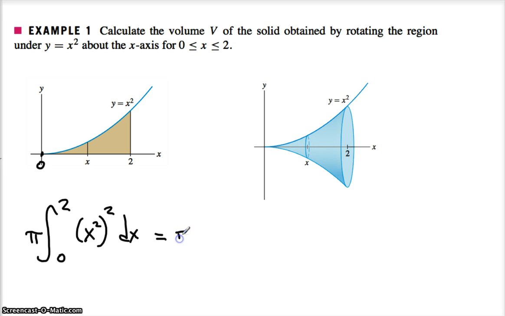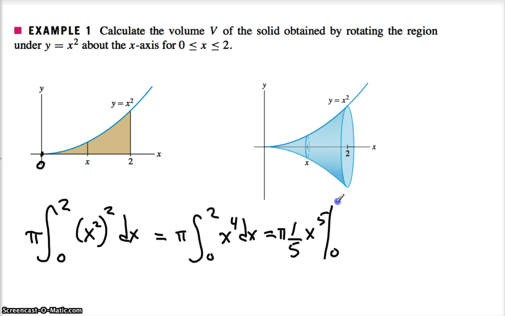So let's simplify this a little bit here. X squared squared: the rule is the power of a power, you multiply the exponents, so that's x to the 4 dx. The antiderivative of x to the 4 is 1/5 x to the 5. Don't forget the pi, and that'll be evaluated from 0 to 2, so it'll be pi multiplied by 1/5 of 2 to the 5 minus 1/5 of 0 to the exponent 5.